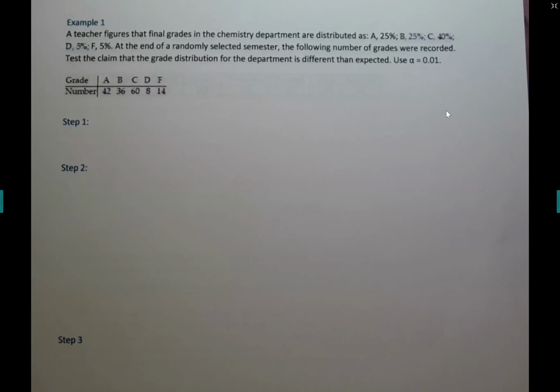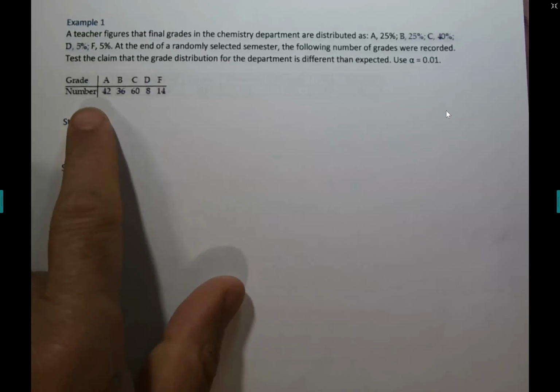You suspect that this teacher is not telling the truth, that the distribution of the grades is different from what the teacher is saying. The teacher says 25% of his students get an A, 25% get a B, 40% get a C, only 5% get a D, and 5% get an F, which is a failing grade. At the end of a randomly selected semester, the following number of grades were recorded.